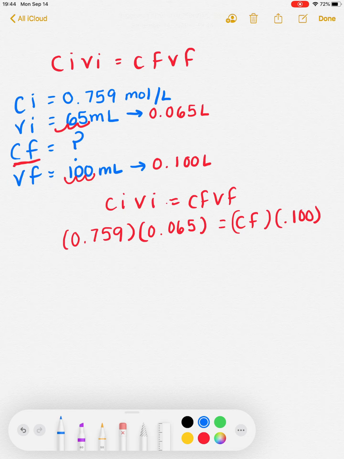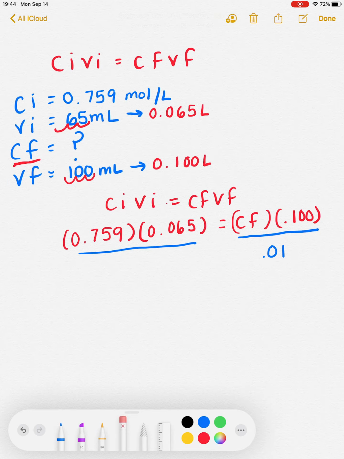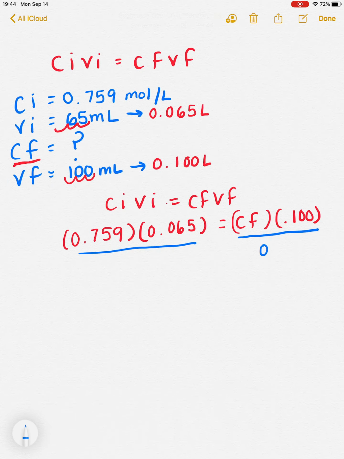What we like to always do is move all the numbers to one side and the unknowns to the other, so we're going to get rid of this 0.100. So if it's multiplied, we do the opposite, which is divide, and we get rid of that.